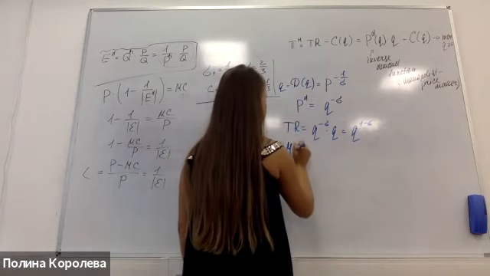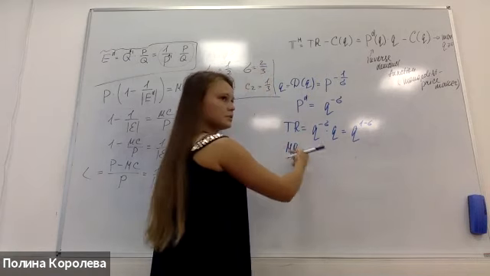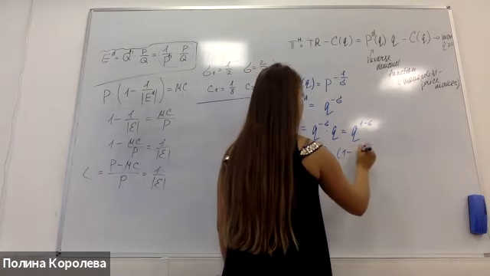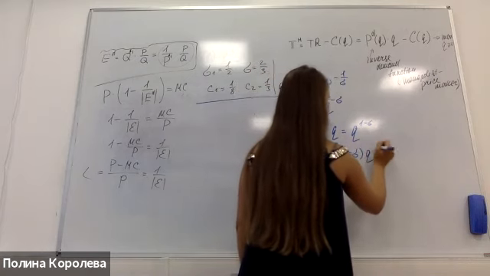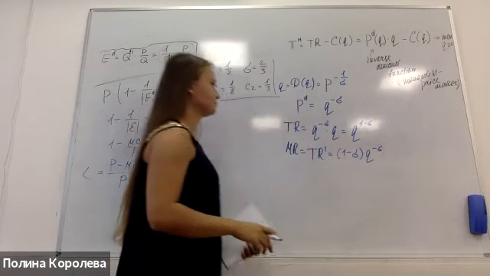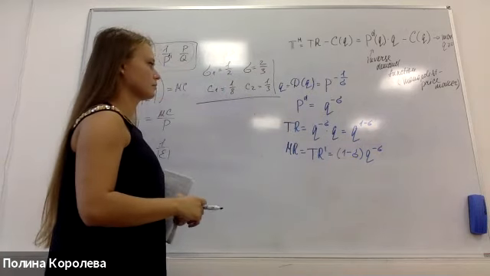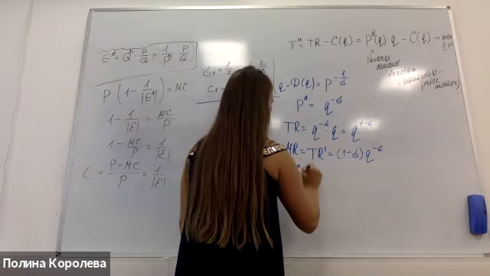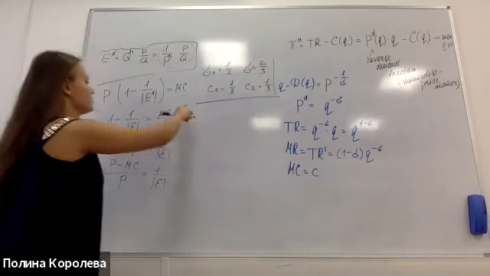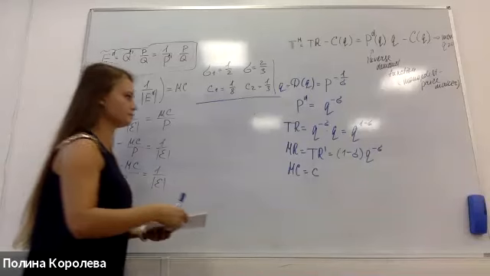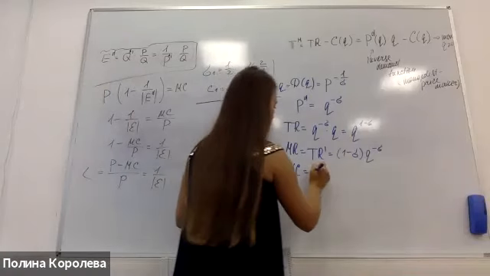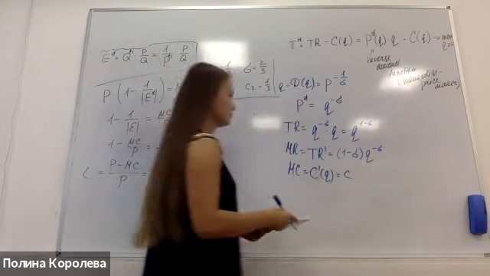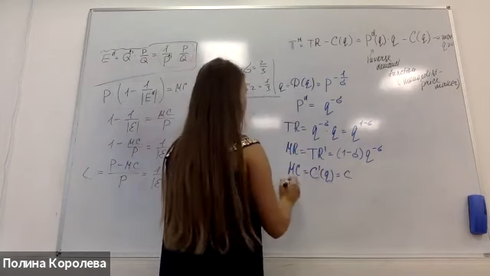Marginal revenue is the first derivative: 1 minus sigma times Q to the minus sigma. Marginal cost we know: this is only C, the first derivative of total cost. So, first order condition.